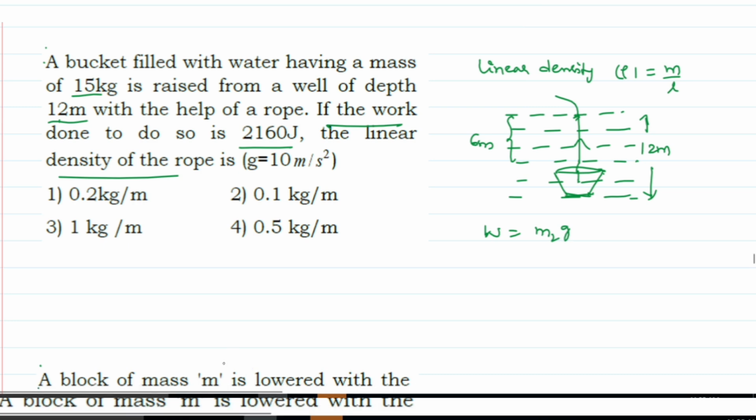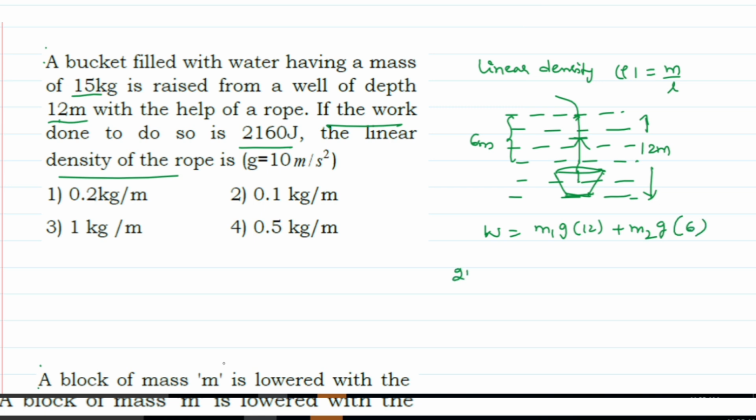So first you can talk about the bucket: m1 into g into the 12 meter distance you are pulling it up, plus, for the rope, the mass we don't know, let us take it as m2, into g into the height you are pulling the rope. Rope is a uniform body. For a uniform body, the center of mass will be located at 6 meters. So you can take 6 meters.